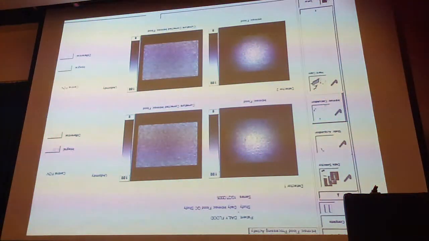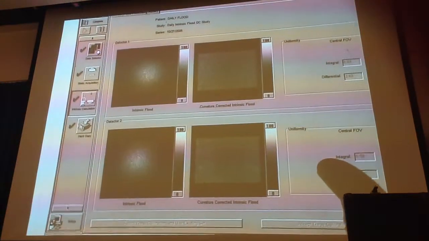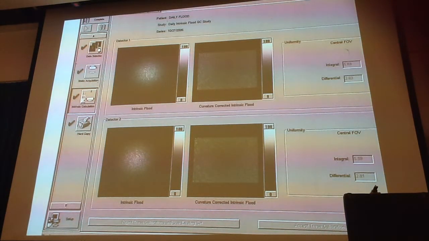Why isn't this thing showing up here? Is that upside down to you guys? Flip it. Okay. Daily flood, that's the name of the patient. What in the heck is going on here?